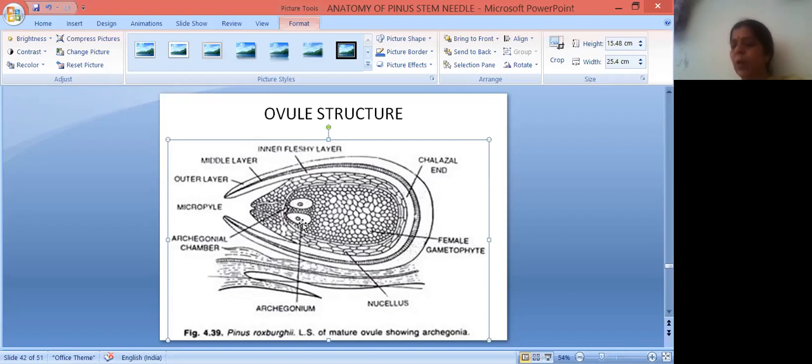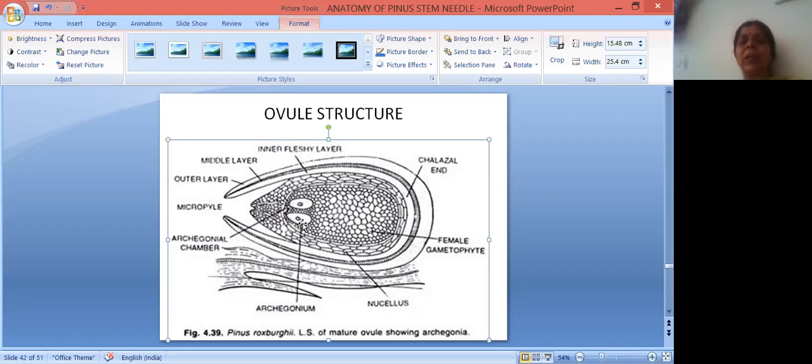Here, one important thing we have to remember: Pinus is a gymnosperm. There is a chance of formation of 2 to 8 archegonia in each ovule, not only in Pinus, it is a character of gymnosperms. So there is a chance of formation of 2 to 8 embryos.